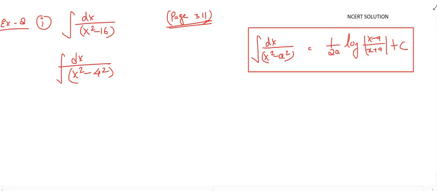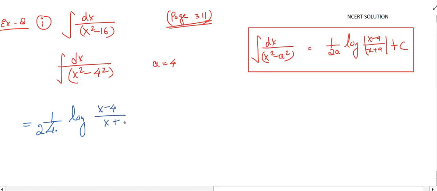So can I apply this formula here? I can apply it here. And what is a? If I compare it, a is 4. So if I apply the formula here, I will have, write down, is equal to 1 by 4 into 2, that is 1 by 4 into 2 log of x minus 4 by x plus 4 plus c.